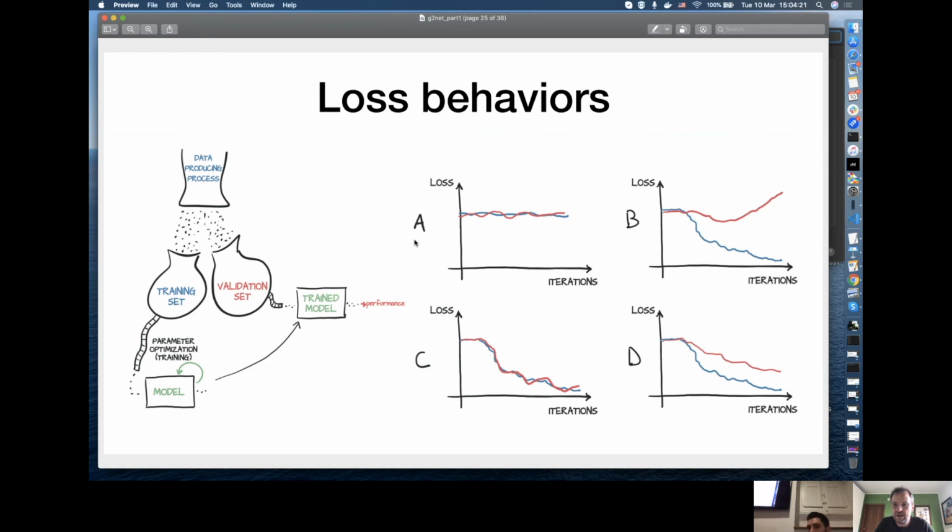In the B scenario, you see the training loss goes down, so it decreases, and the validation loss increases. This is a phenomenon that happens all the time if you're not careful.